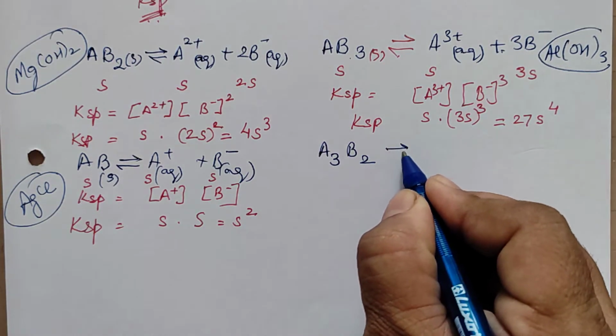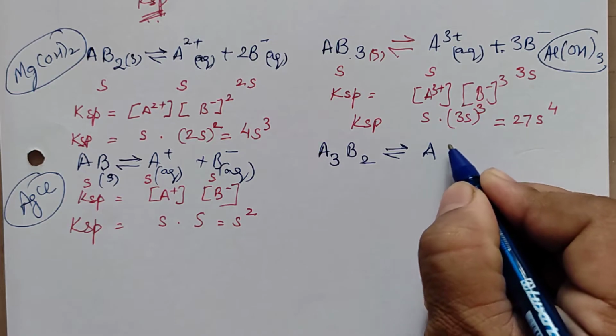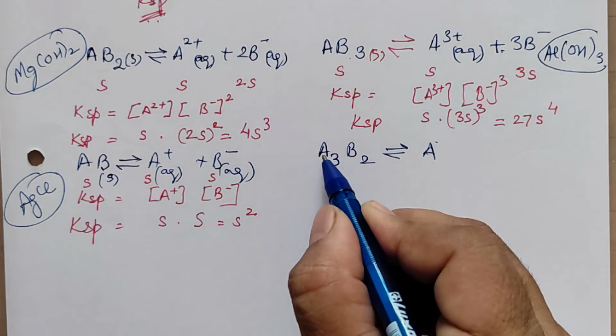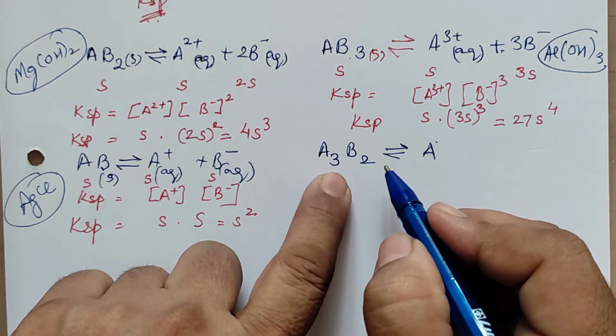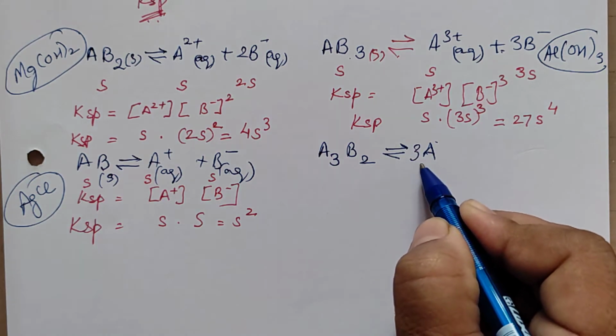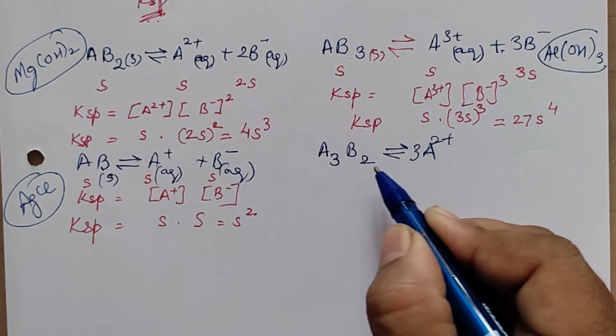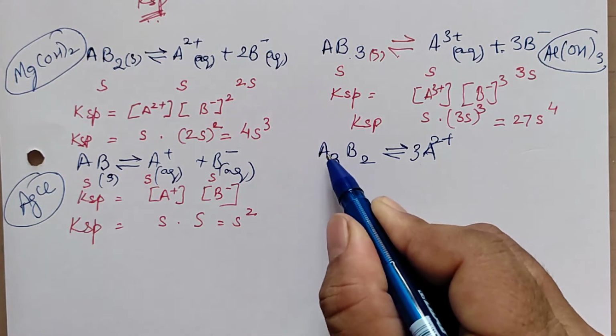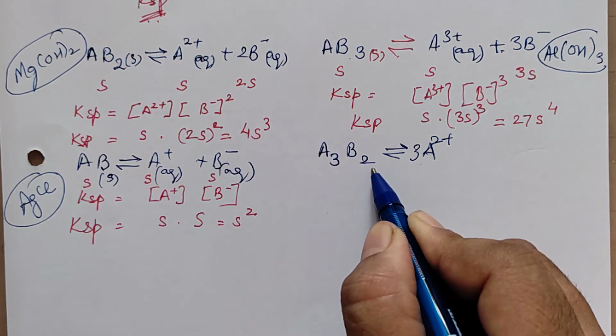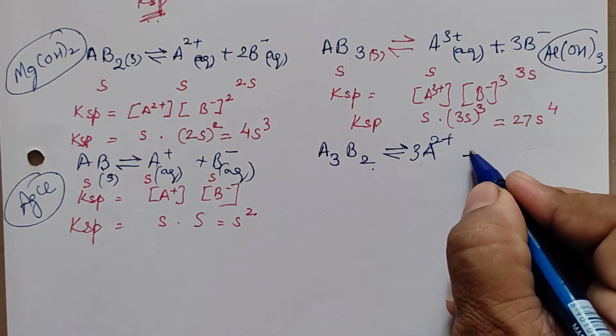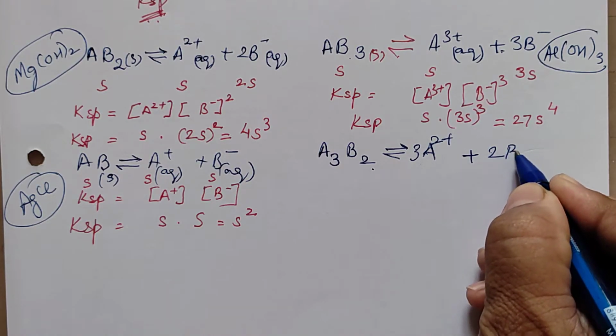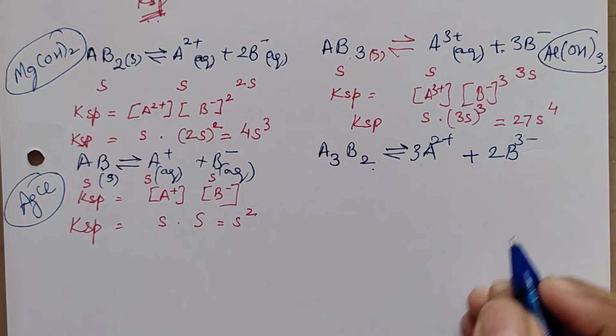The next example is this. You can ionize it first. This will definitely be the positive part. There are 3 given, so it is 3A with 2+ charge, because its charge is written on the other side by the crisscross method, plus 2B with 3- charge.